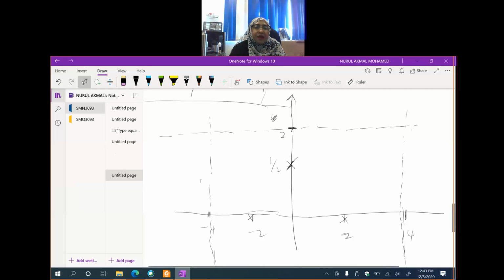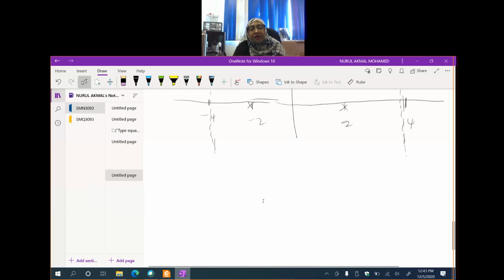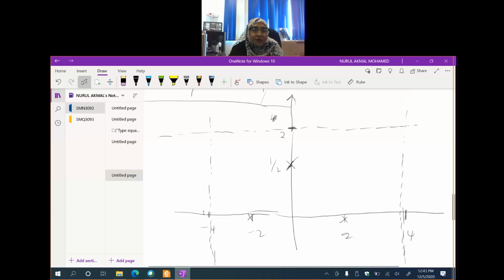Now since it has a vertical asymptote, we have to check for another limits, which is the limit of f as x tends to -4 from the left. This is because we want to check the behavior of the graph for f over here.